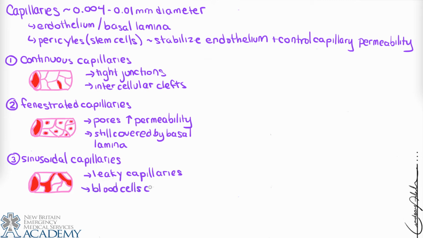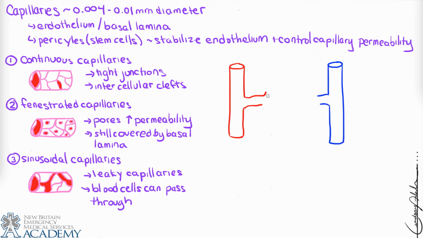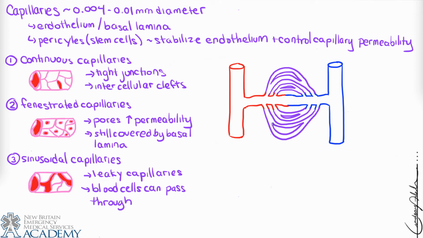So in the liver, we'll have macrophages that hang out right outside the endothelium, so they can engulf bad stuff that we don't want to move anywhere else in the body. We also will find them in the spleen. Similarly, we have phagocytes. So same kind of idea. Phagocytes, macrophages, both engulfing stuff. And the sinusoidal capillaries are still covered by basal lamina, but the basal lamina is more discontinuous than covering the entire structure.